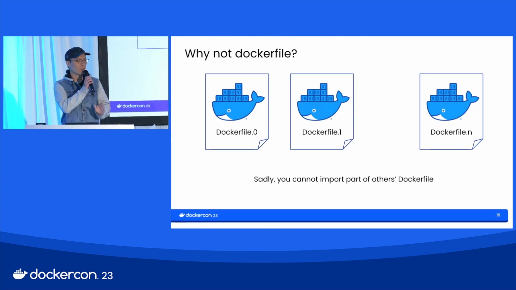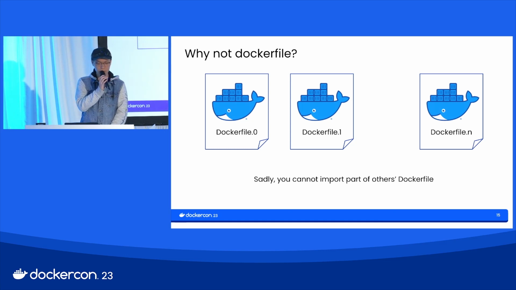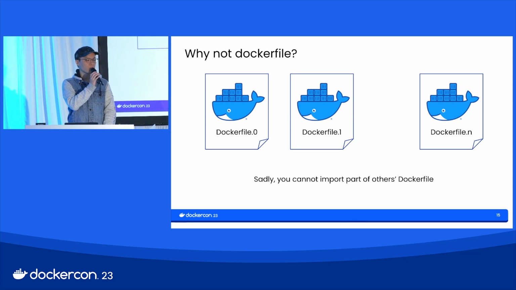So why not Dockerfile? Why do we need to define our own build file format? The first problem is we found it's hard to reuse some parts in the Dockerfile. So let's say you have a library that is hard to install, such as probably detection, or some custom operator written by a PhD student.